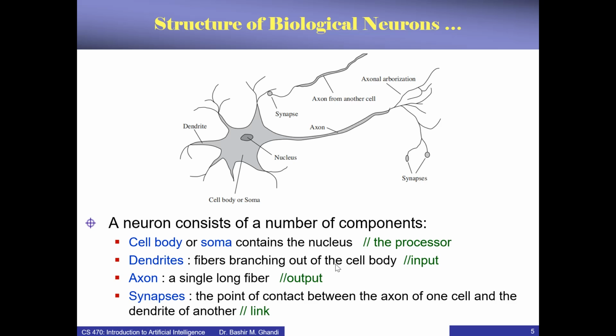And the last major component is called the synapse. Now, the synapse is the point of contact between the axon of one cell and the dendrite of the other. So in this case, for example, you can see the dendrite of our current neuron is connected to the axon of another neuron through the synapse. So the synapse is the connection link.